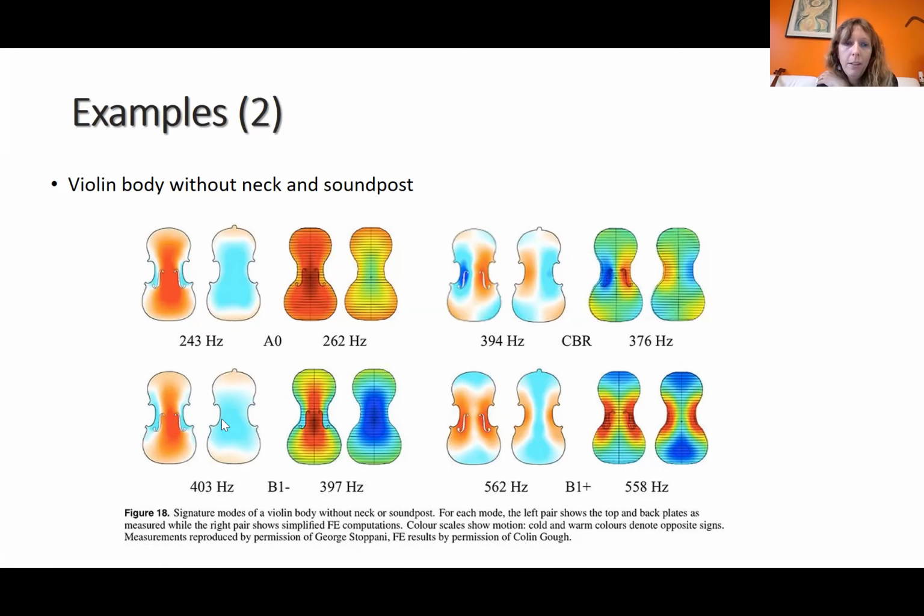And we see the B1 minus, with some bending implied, B1 plus, and then the CBR. And we can see the patterns being well reproduced with the numerical models.